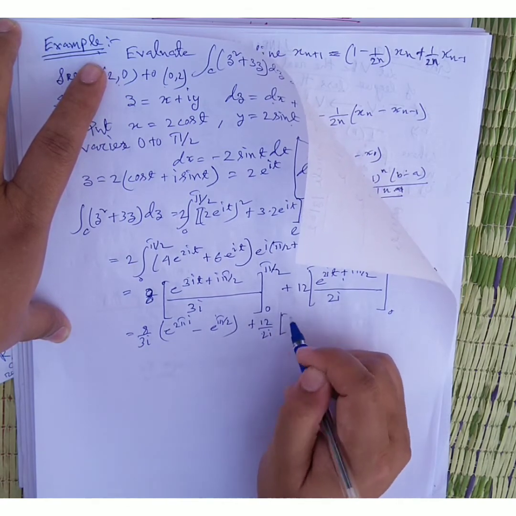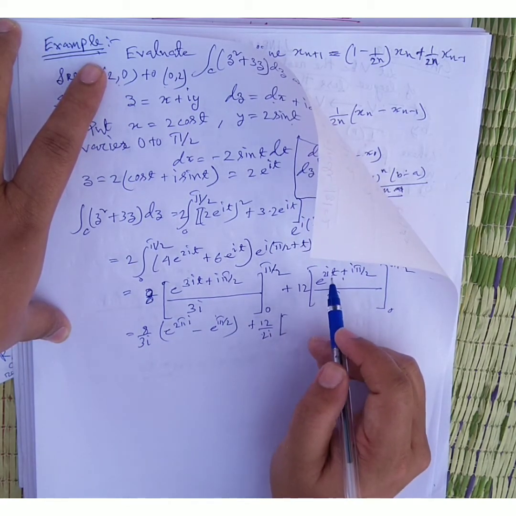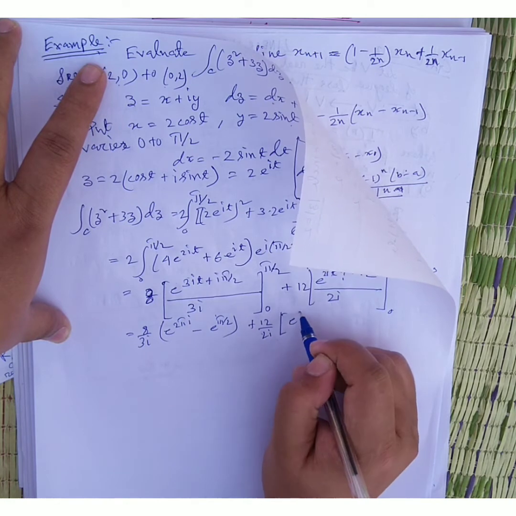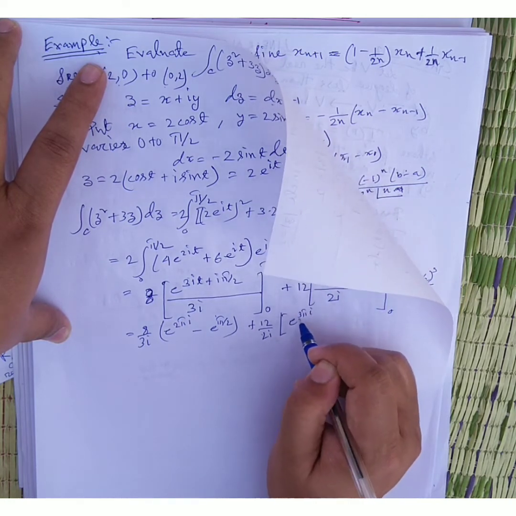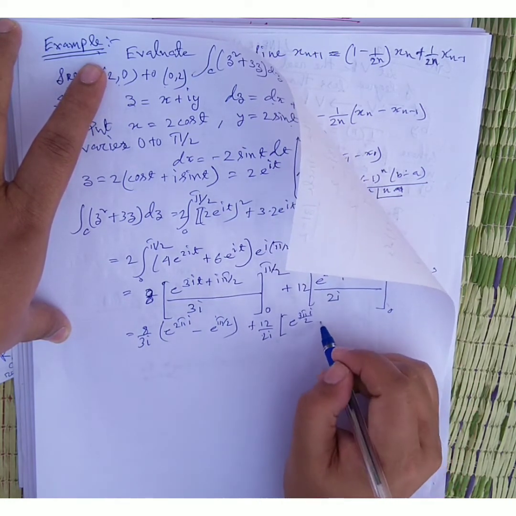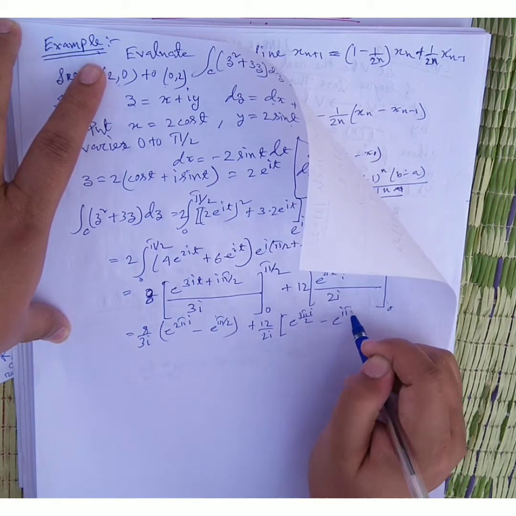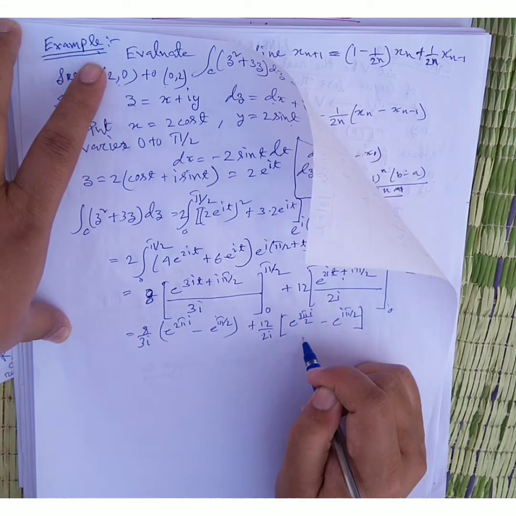If I put pi by 2, I get e to the power 3 pi i, and if I put 0, I get e to the power i pi by 2 divided by 2i.